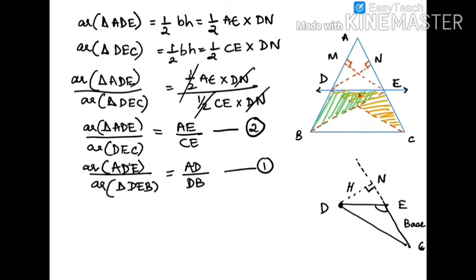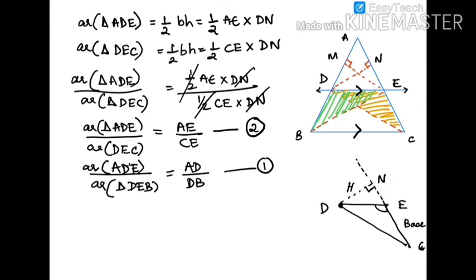We are given in the theorem that DE is parallel to BC. So we have two triangles that lie between the same parallels and have a common base. So what can we say about these two triangles? They have same area.